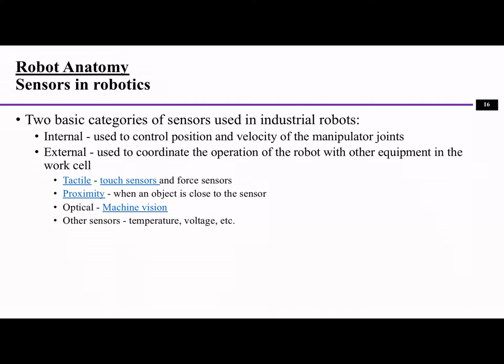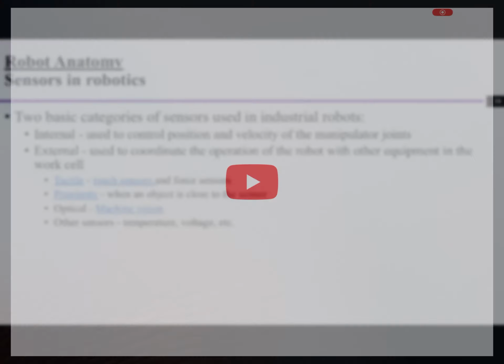Well, the external sensors basically provide feedback on how this robot can interact with the external environment, right? So typically those are tactile sensors, proximity sensors, machine vision, or some other temperature and environment sensors. Now let's look at the tactile sensors.